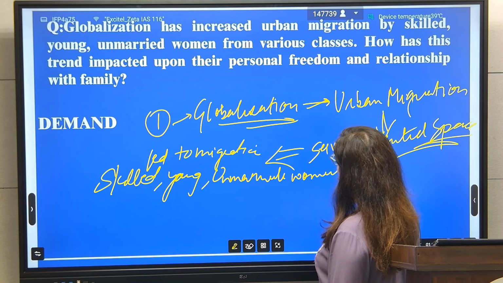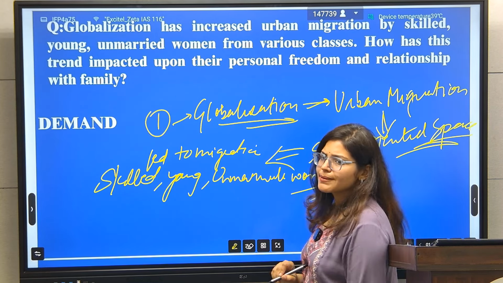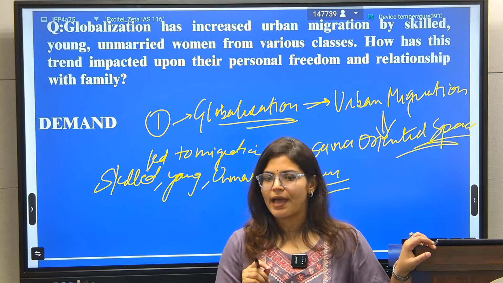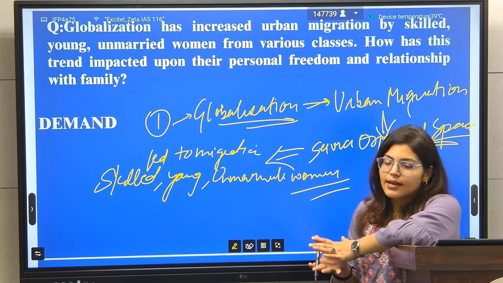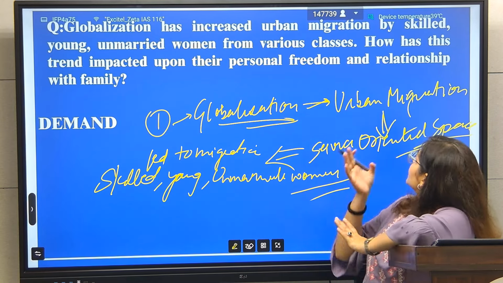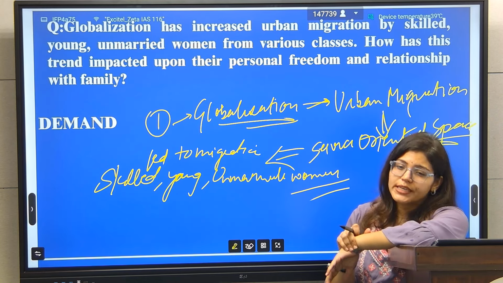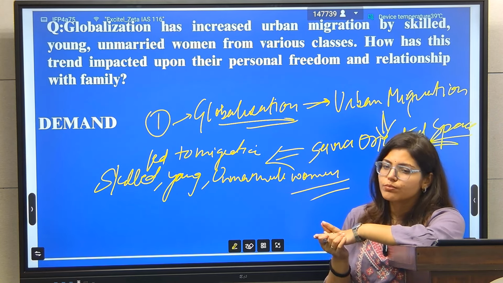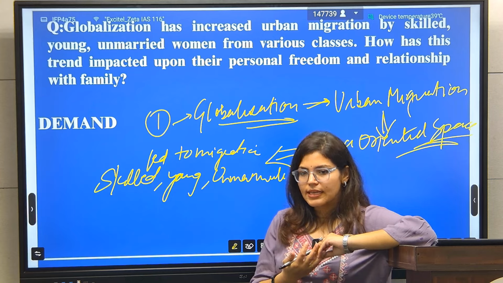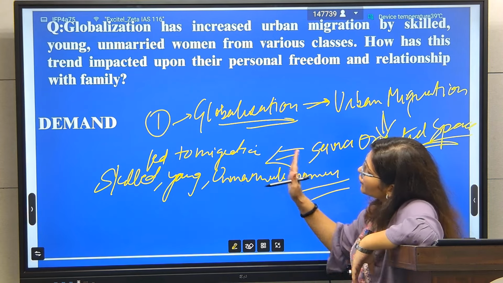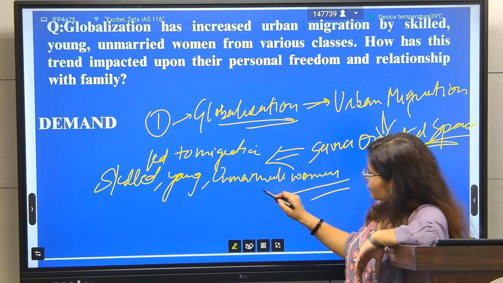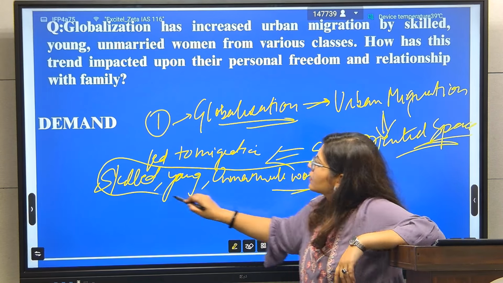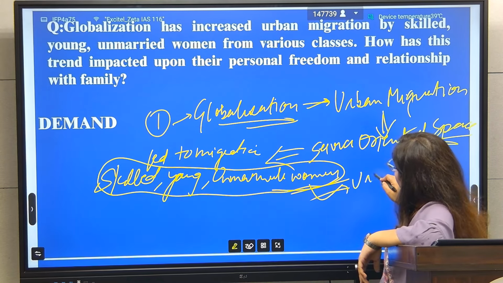Earlier, women's migration was basically considered to be due to marriage. But globalization increased urban migration, and there is more service-oriented space now, more economic opportunities in urban areas, which attract skilled, young and unmarried women to urban areas.